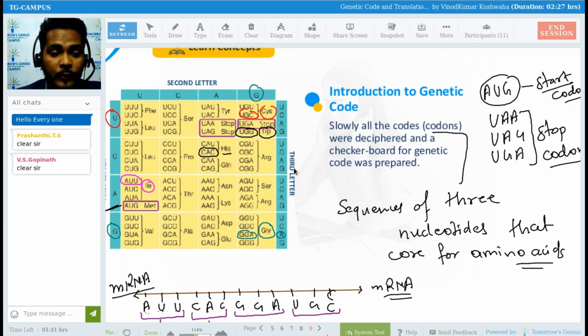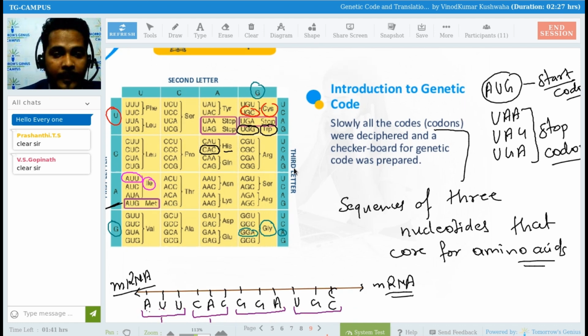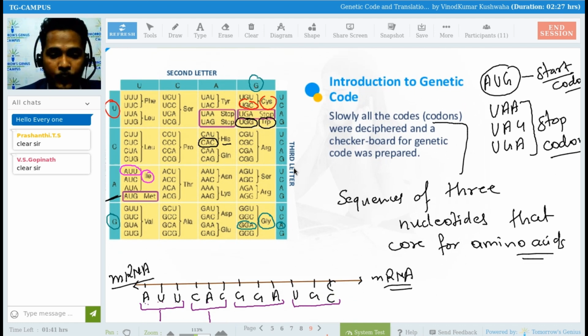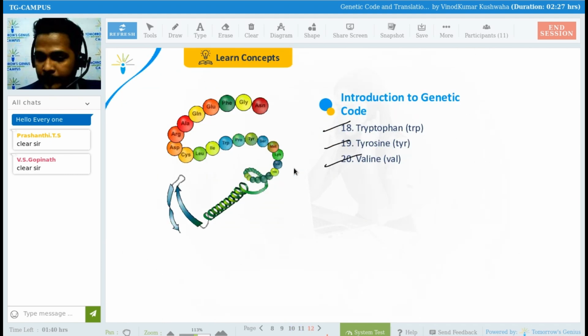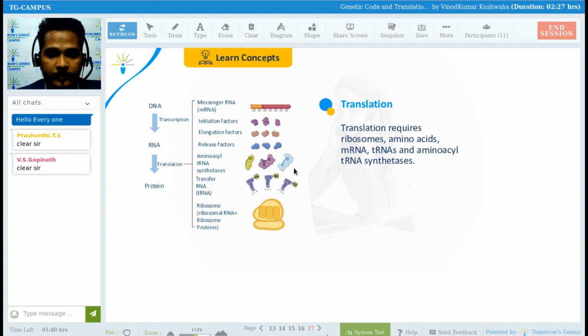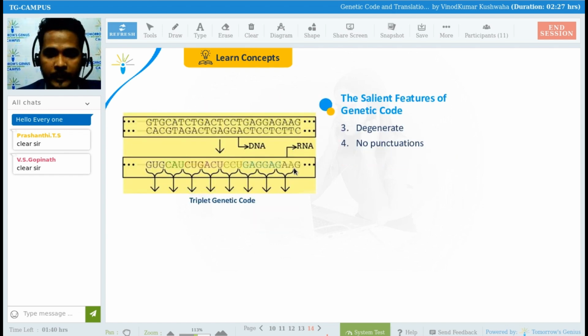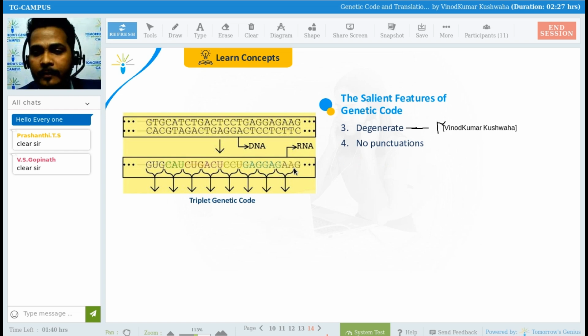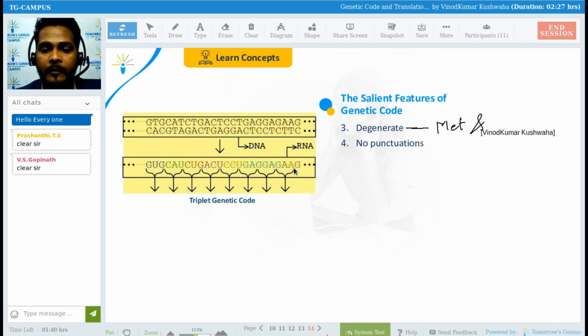This is also an important point, so let me write here to help you understand. Degenerate means except methionine, which I can write as Met, and tryptophan, these two codons are not going to be repeated, but all other amino acid codes are going to be repeated.